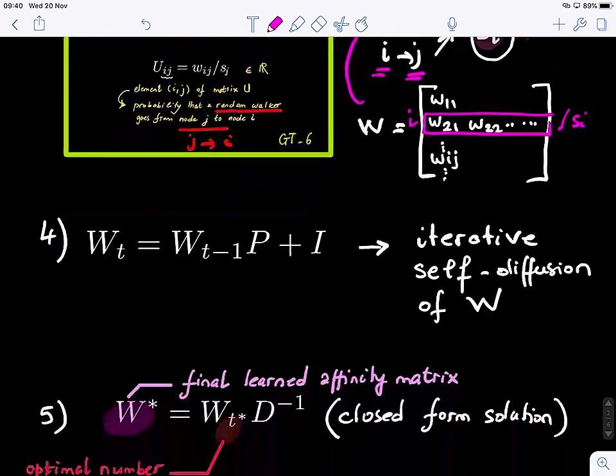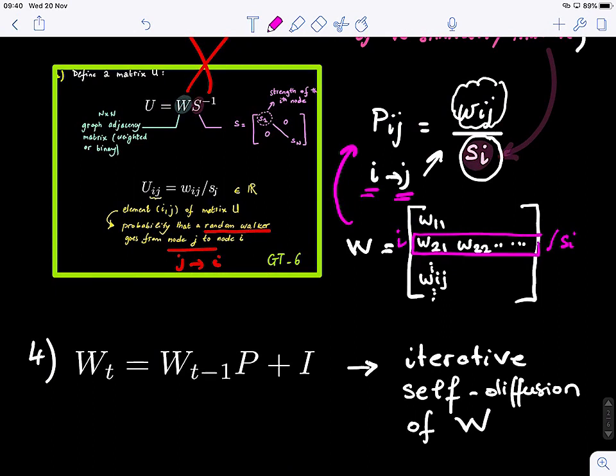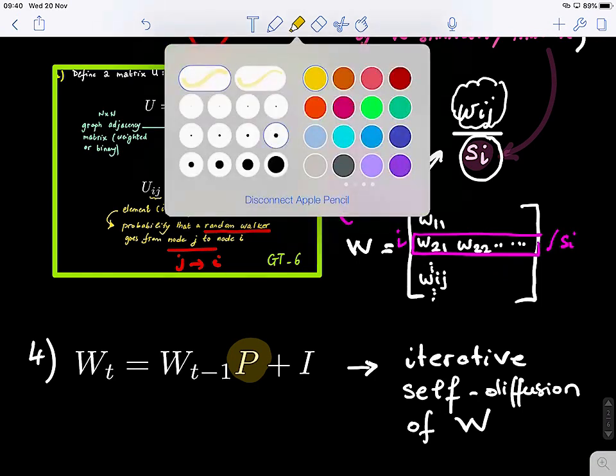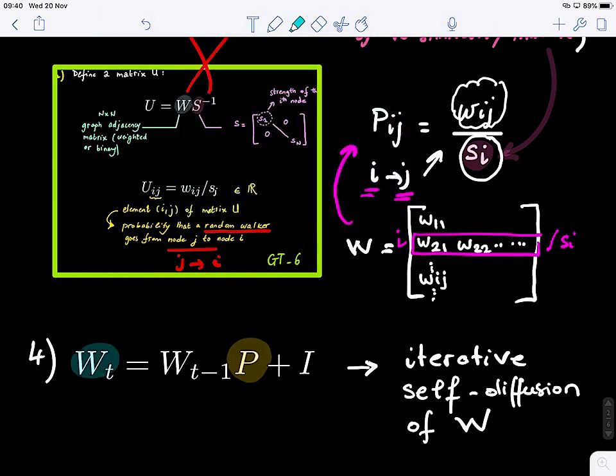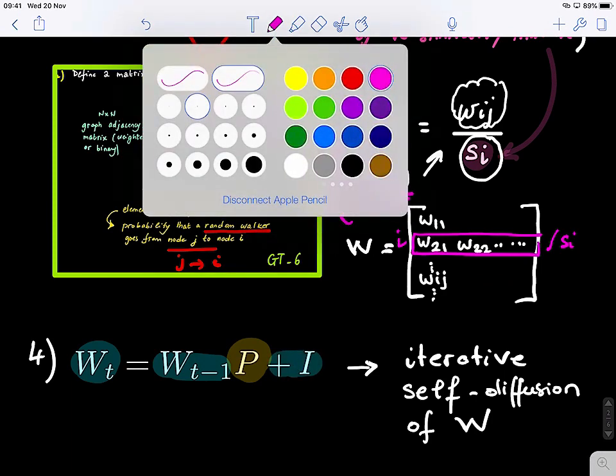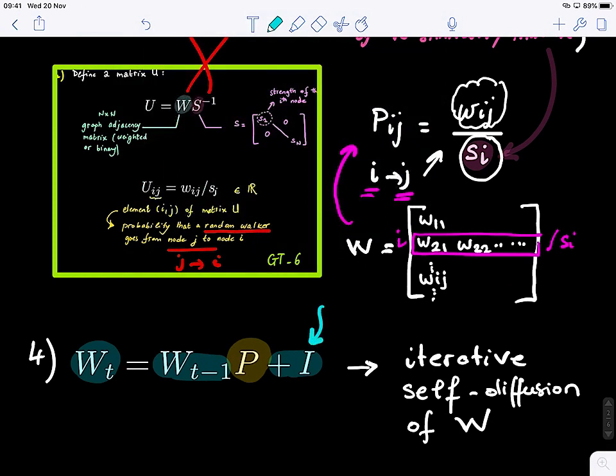The probability of a random walker going from node I to node J. Okay, so now based on this transition matrix P, they define an iterative process, what they call the self-diffusion. They iteratively update W_t based on the previous similarity matrix learned at t minus 1 plus identity, and the identity here they added for regularization.